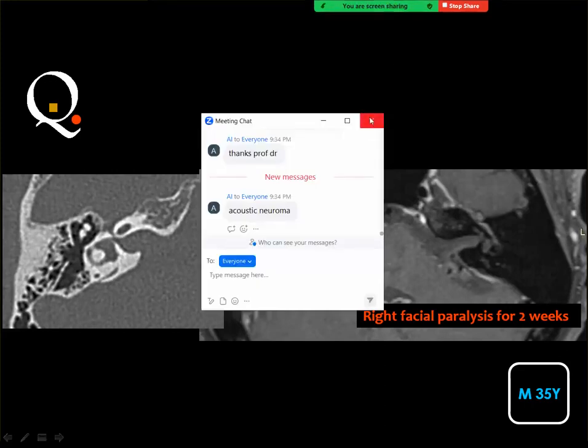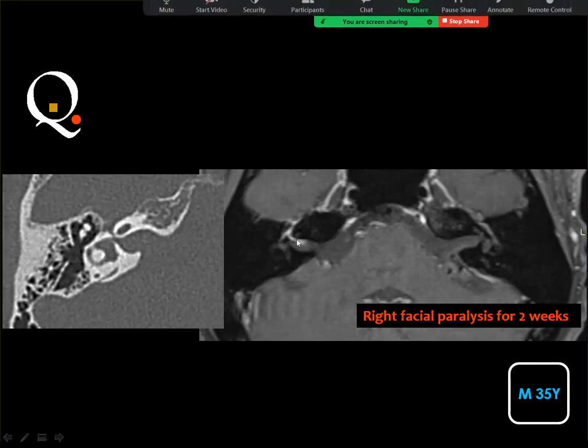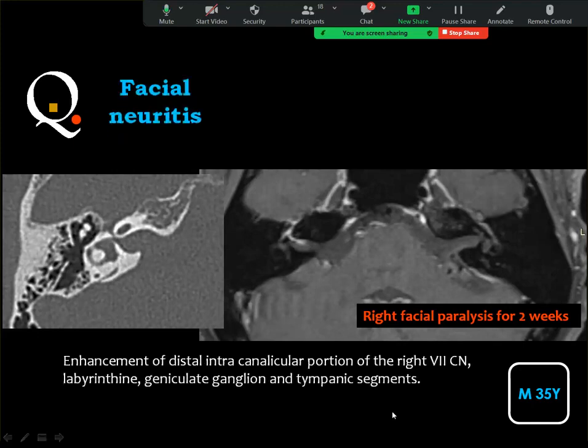No, and this is not acoustic neuroma. All what you see here is enhancement of the facial nerve. And the facial nerve is going through its canal, as we have mentioned in the anatomy. An enhancement of the nerve without any appreciable enlargement or localized mass is diagnostic of facial neuritis.